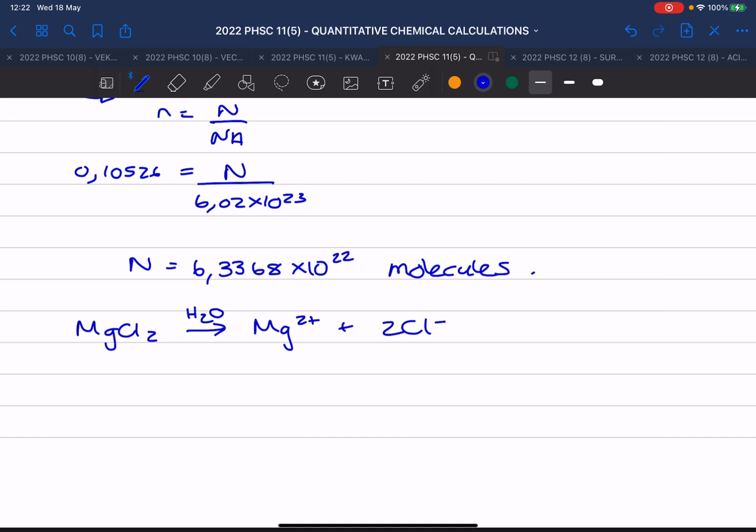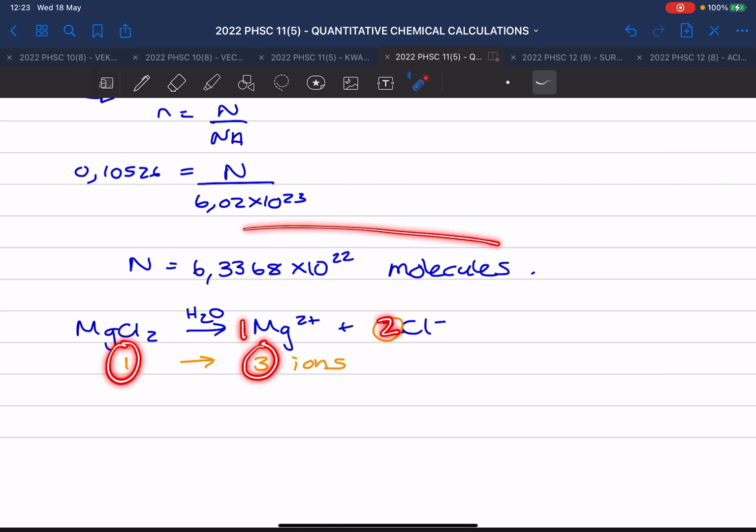Do they say which ions? No, they say all the ions. So one molecule gives us 1 plus 2, 3 ions.